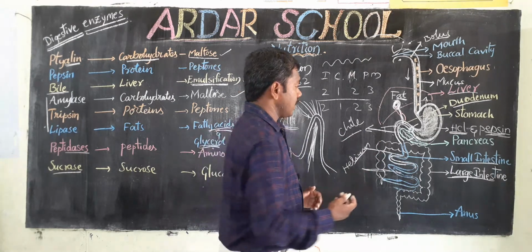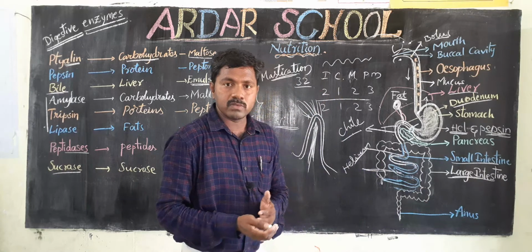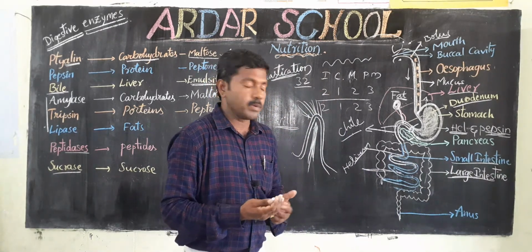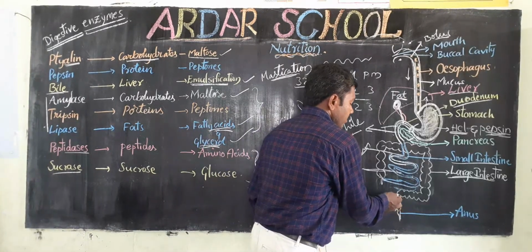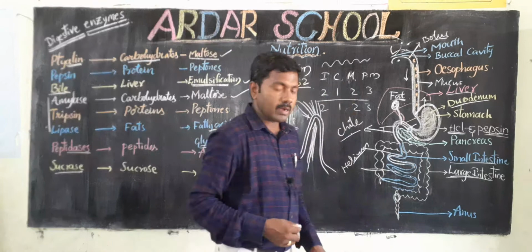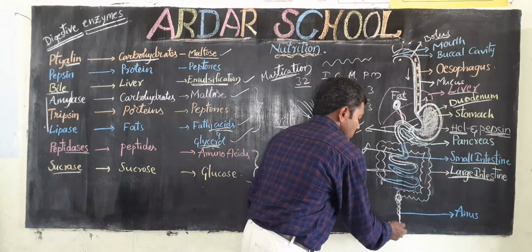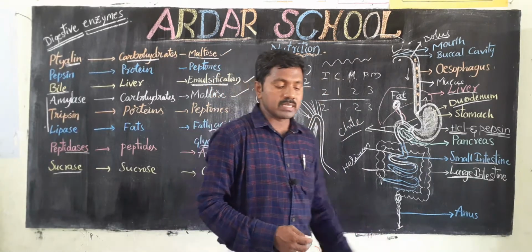Finally, some undigested waste products, carbohydrates, fats, proteins, fibers, all come and are stored in the colon. After that they pass through the anus and are sent outside. Okay, children, this is called defecation.